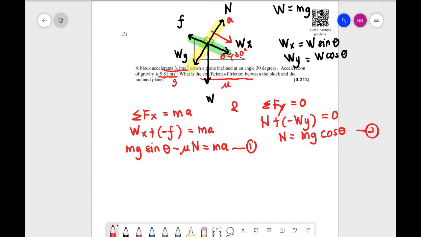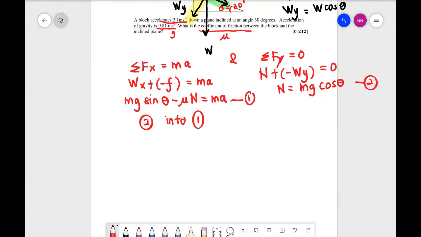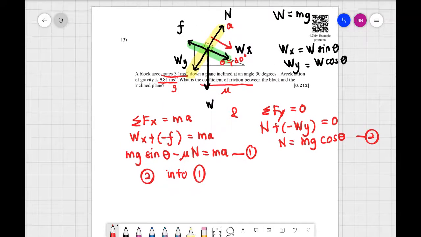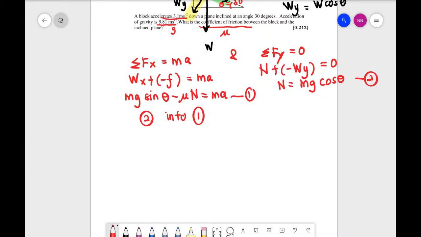Maybe we can substitute equation 2 into equation 1. And maybe we can substitute the mass, but mass is not given, right? Never mind, we can proceed with the mass in terms of m, and g is 9.81.